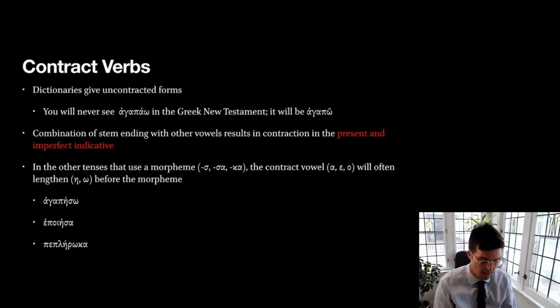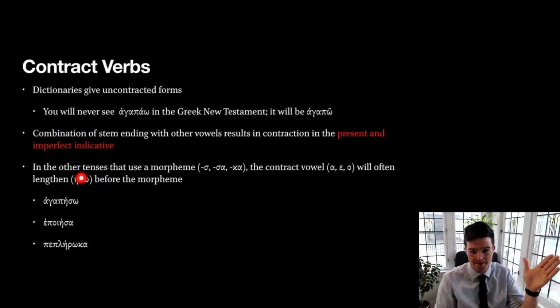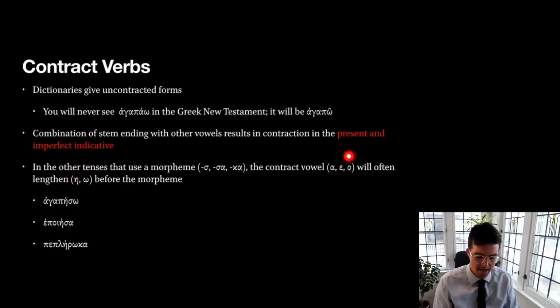The change that normally happens is that the short vowel of the stem will lengthen: either an epsilon or an alpha, one of these two stem vowels, will lengthen to an eta, and an omicron stem vowel will lengthen to an omega.